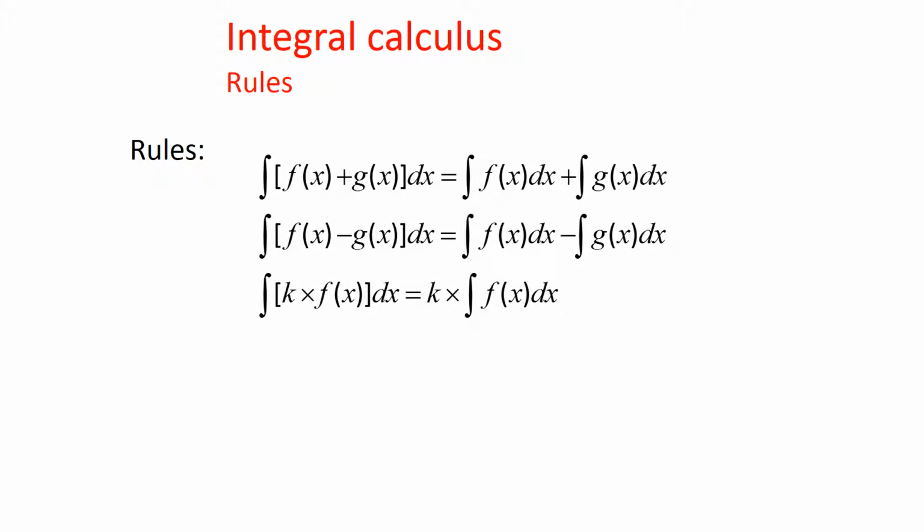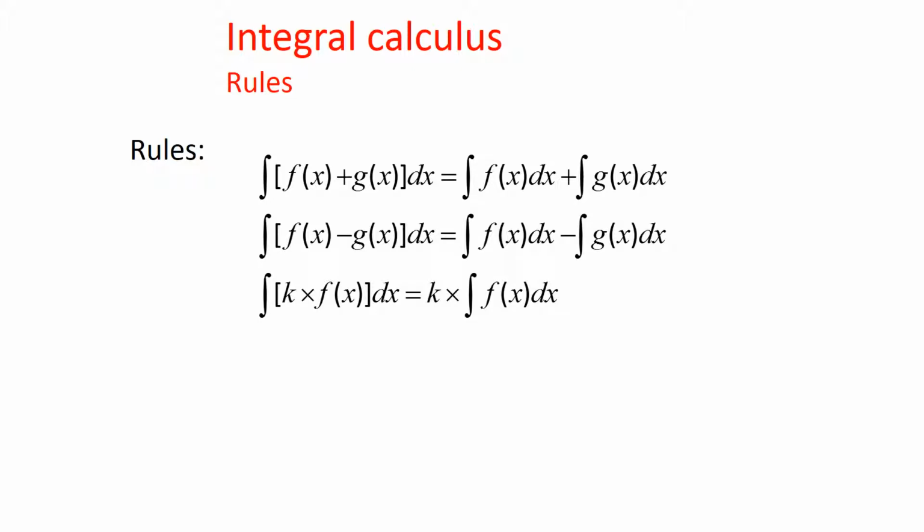And if you had a constant times a function, and we've kind of done that one here, 3 is a constant times a function of x, which in this case is x to the 4, you just leave the constant out the front and you integrate the function of x.